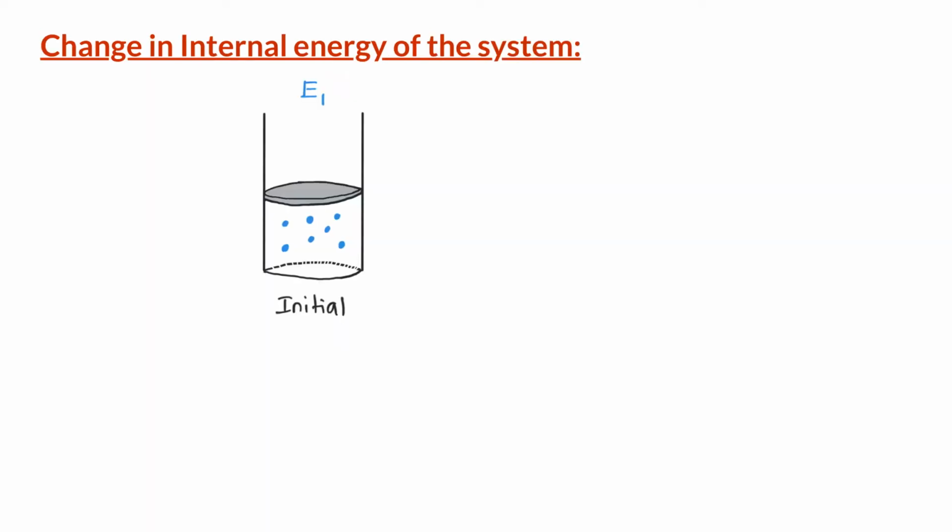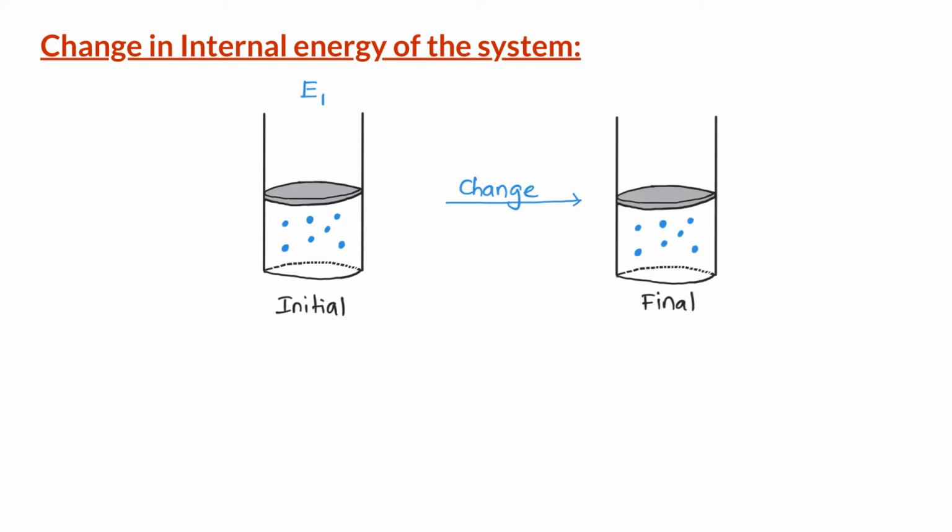Let us assume the internal energy of a system in state 1 is E1, and the system undergoes some changes and its internal energy changes to E2. Now these changes could be change in pressure, change in volume, or any other changes.